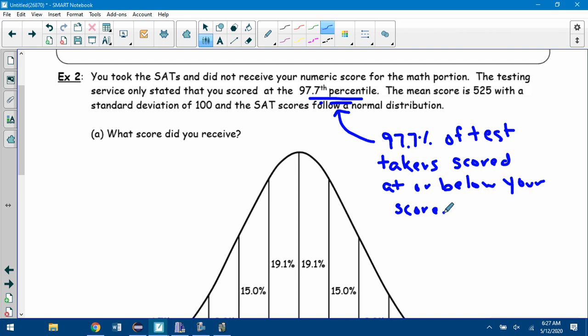So that's pretty good. If I want to figure out what score I received, I have to find out where I am on the chart. So we need to add percents until you get to 97.7.